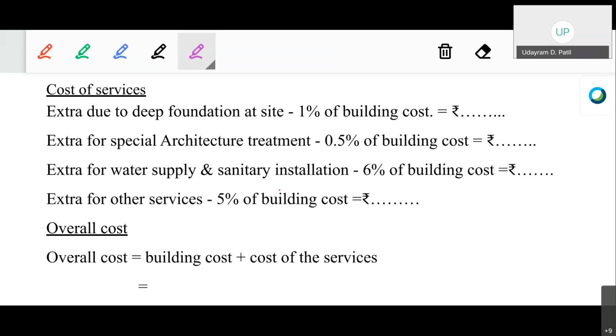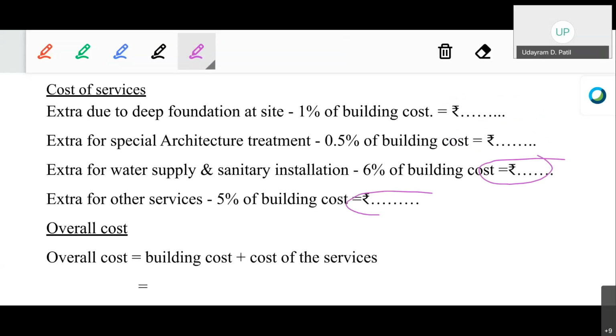So the cost for the services for the deep foundation is 43,083.49. For the special architecture treatment, it is 21,541.7. For the water supply and sanitation, this is 22,58,500.94.